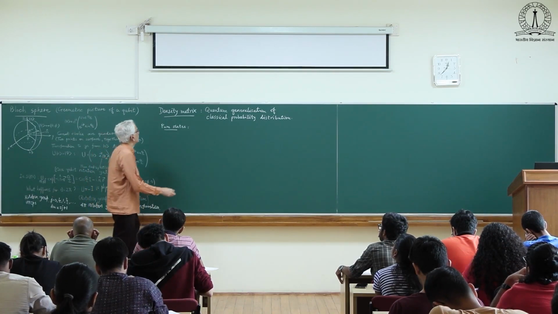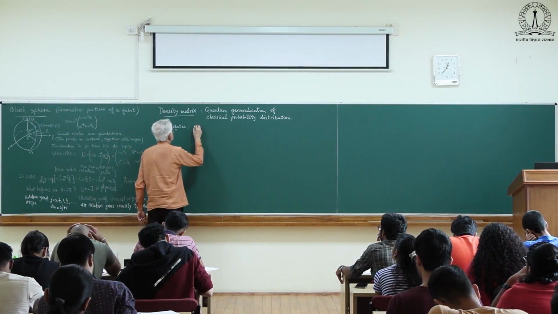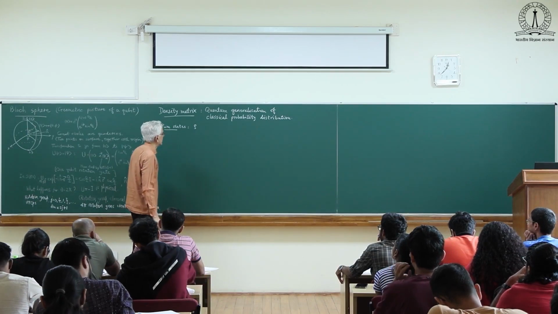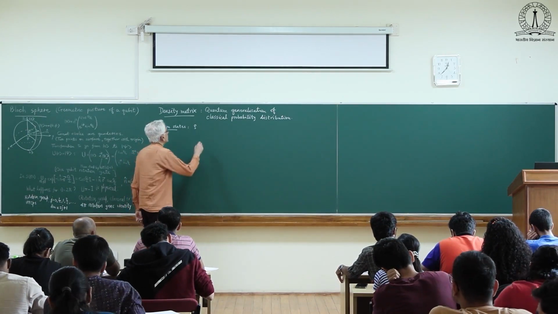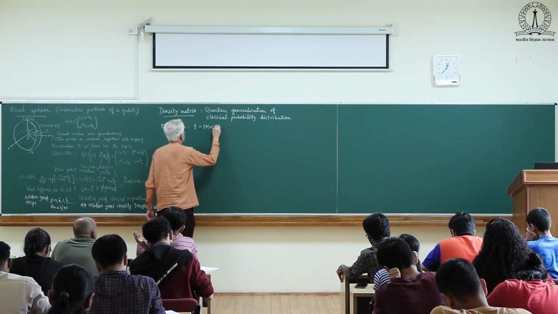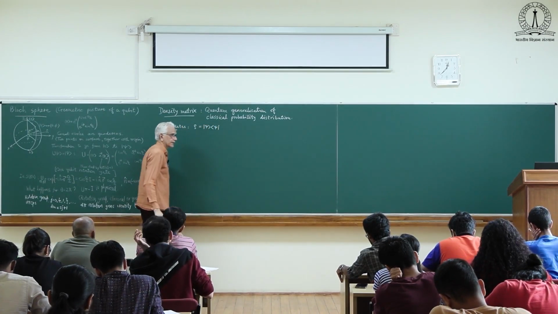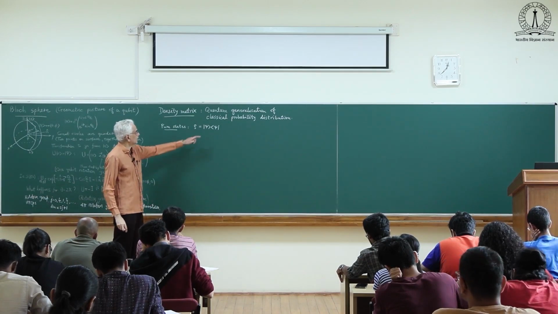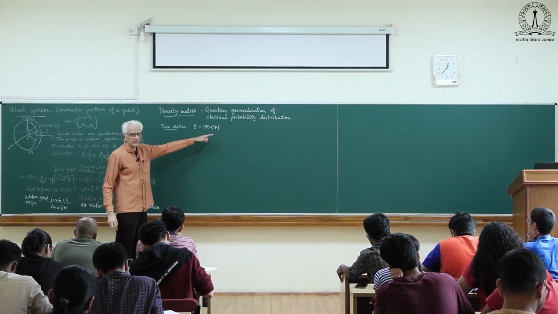Okay. And for that, the density matrix, typically denoted by the symbol rho, is the outer product of the state vector with itself.